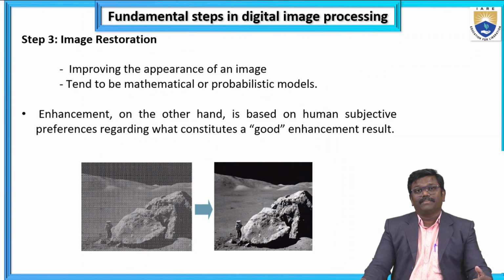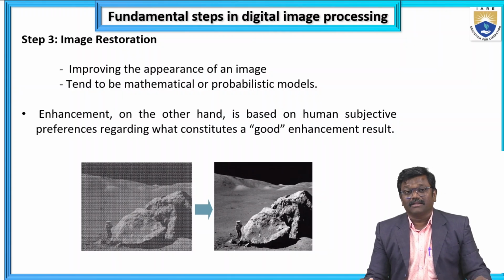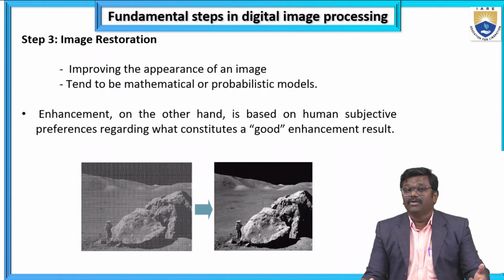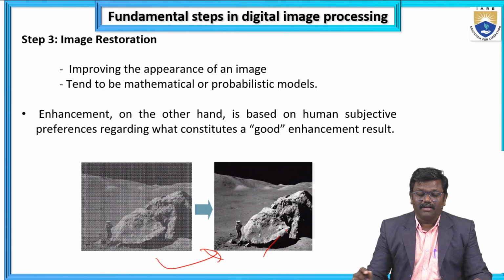Coming to step number 3, restoration. That is what we discussed just now in terms of computer graphics or computer vision analysis. Computer vision concentrates just on analysis of the image content, whereas graphics is where we modify the required image. Here restoration is applied, and vision technology is applicable.